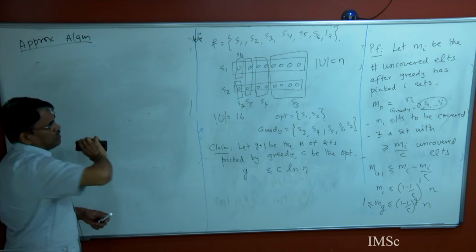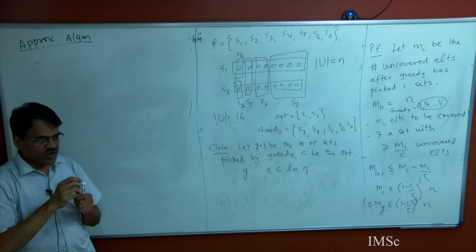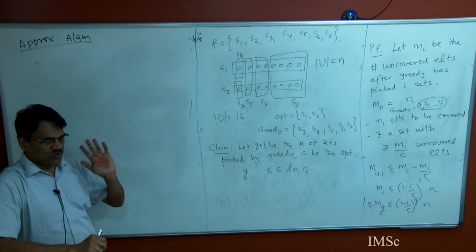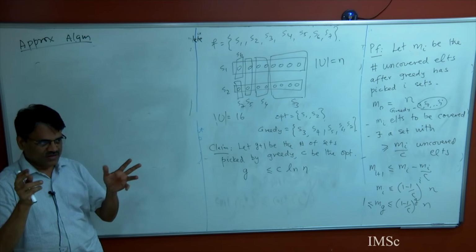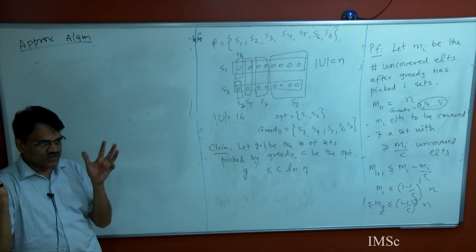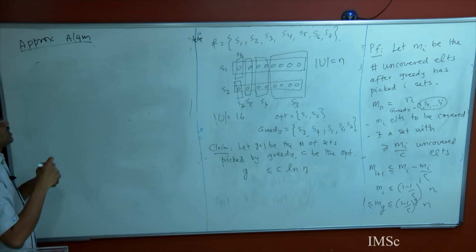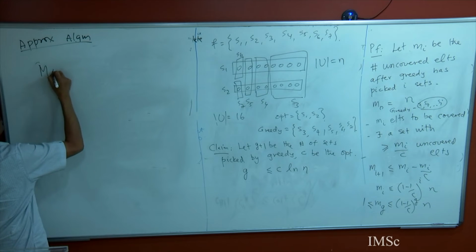Now, look at the satisfiability problem, right? Given a formula, is it satisfiable? Approximation makes sense only for optimization problems, right? Satisfiability is a yes or no question. What is there to approximate, 0 or 1? But what we can do is there is this max SAT problem.